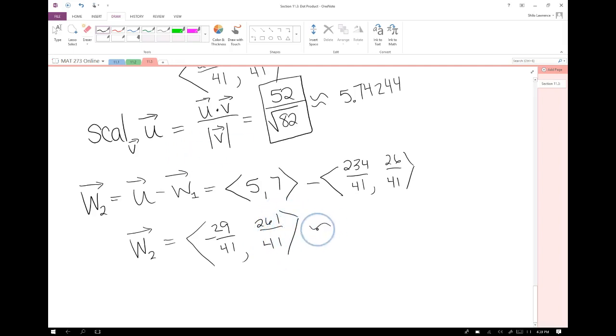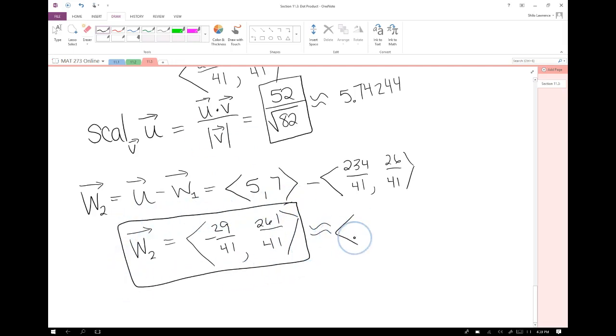This doesn't help me a whole lot in terms of graphing. That is our answer for W sub 2, but I'm going to change it to decimals just so we can compare it to the picture that we had above. This is about negative 0.7 and 6.3.